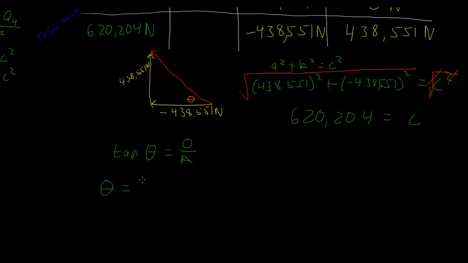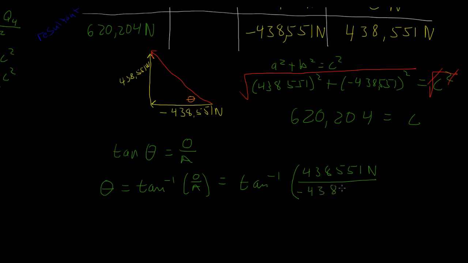So the angle is the inverse tangent of the opposite over the adjacent, which is the inverse tangent of the opposite side, 438,551, and the adjacent side, negative 438,551. Okay, so we just need to type this into our calculator.